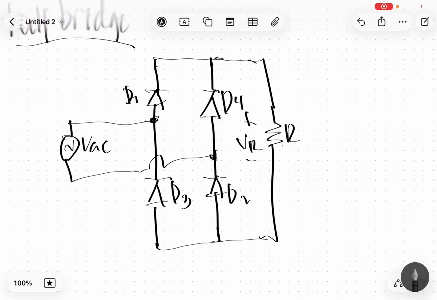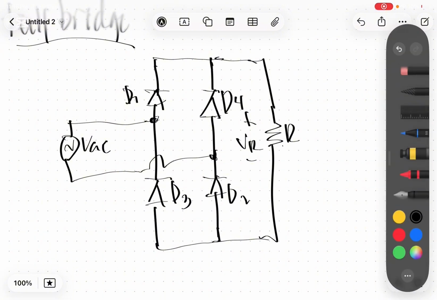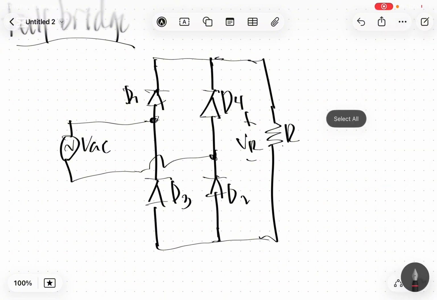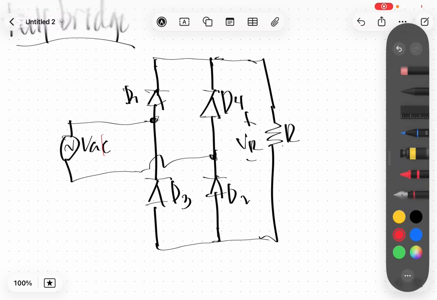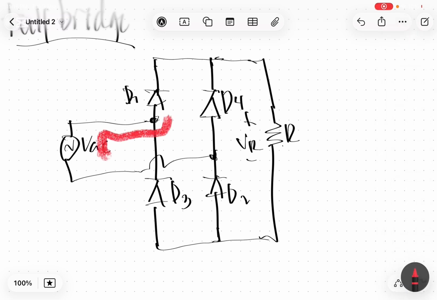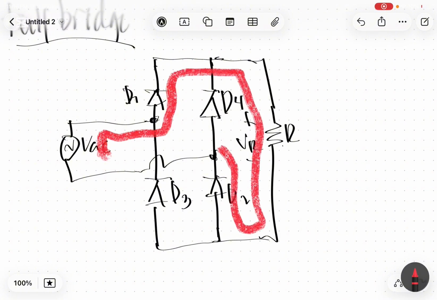Okay, so for the positive cycle, the current goes this way, going to the load, goes back through D2 and goes that way.